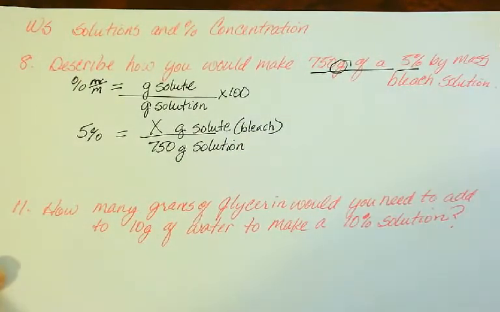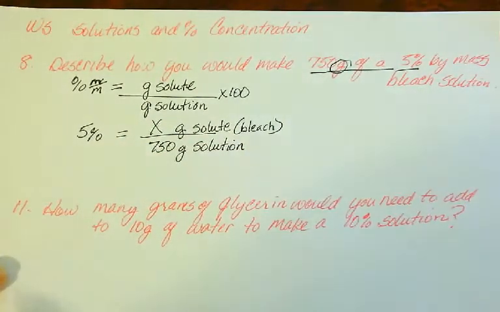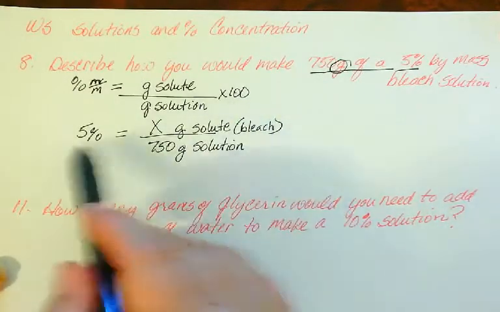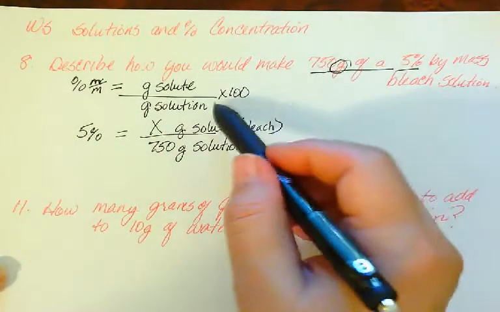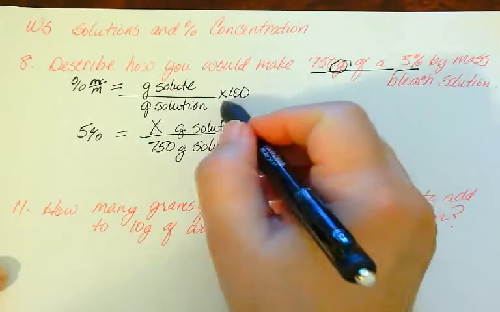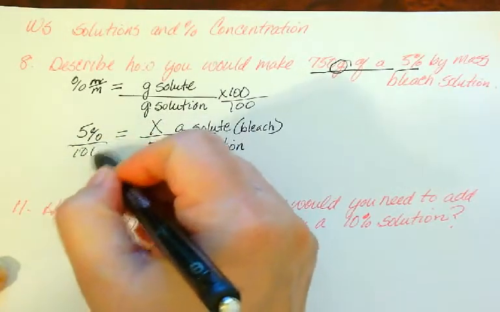In order to do this math, because we had times 100 here, I need to divide my 5% by 100, basically both sides.